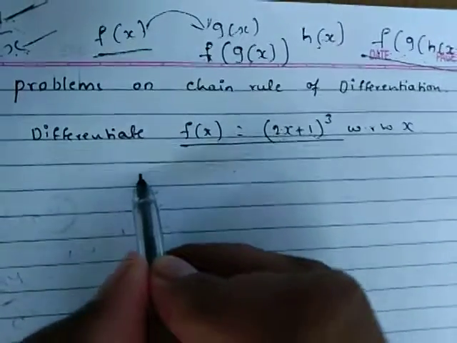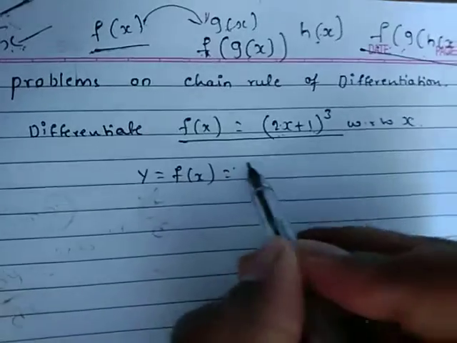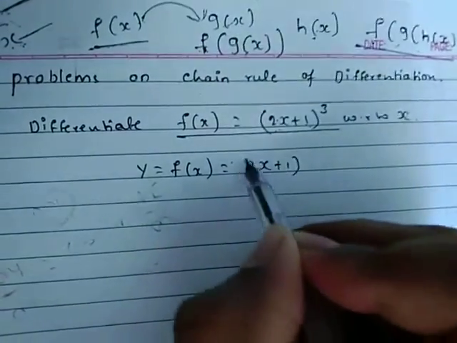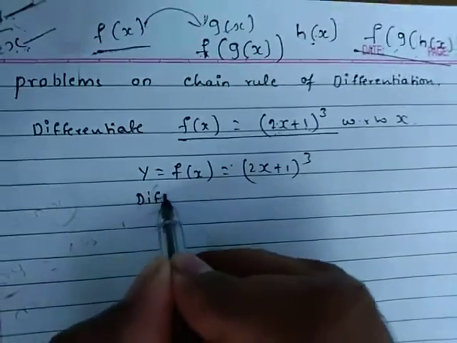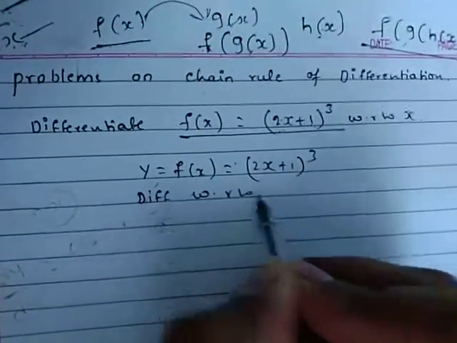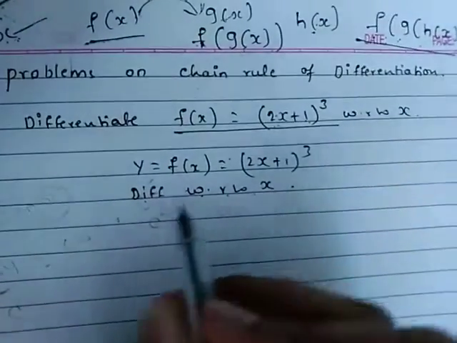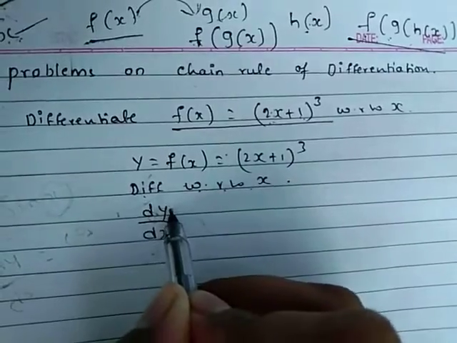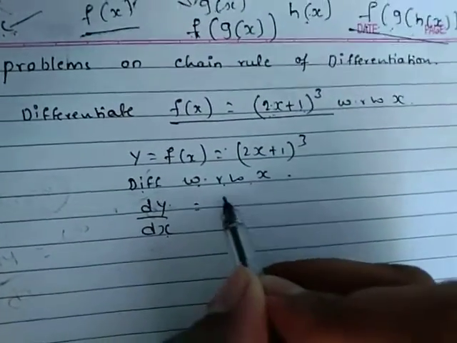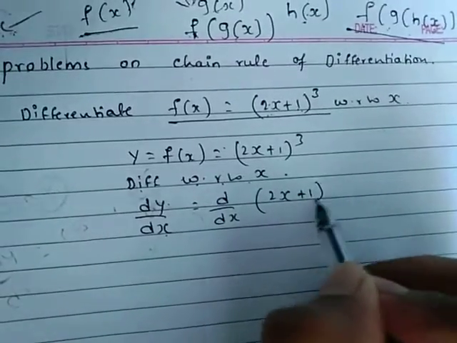So f of x is nothing but y, so y is equal to f of x, meaning 2x plus 1 whole cube. So we need to differentiate with respect to x. So dy by dx, differentiation of y with respect to x, is equal to d by dx of 2x plus 1 whole cube.